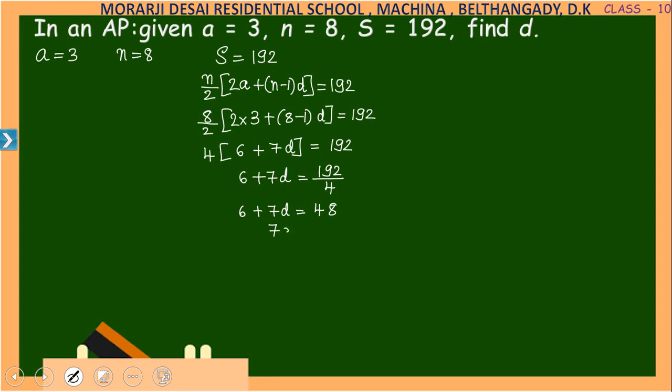So 7D is equal to 48 minus 6, that is 42. D is equal to 42 by 7. So D is equal to 6. 7 6s are 42. So the value of D is 6.